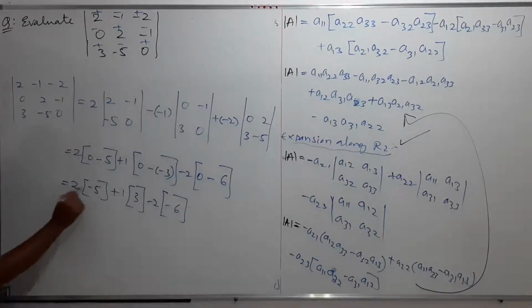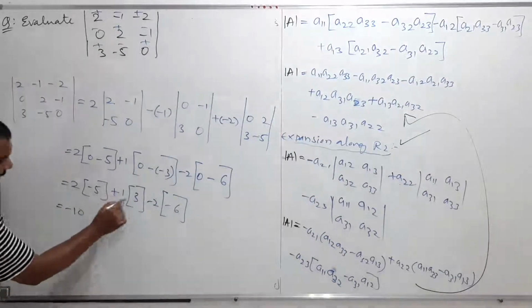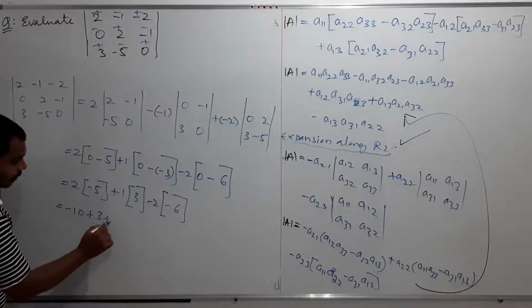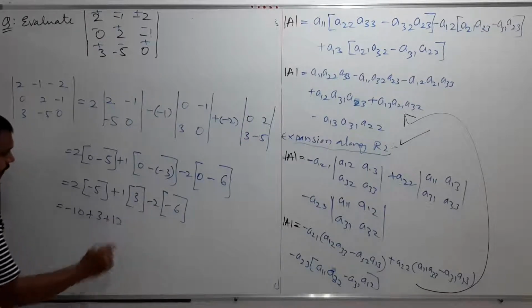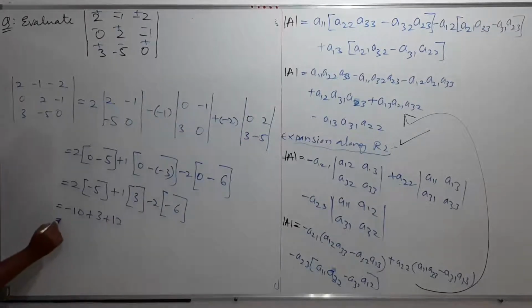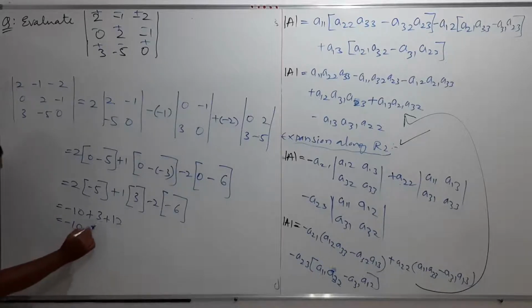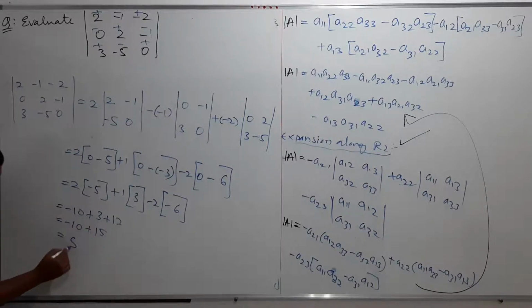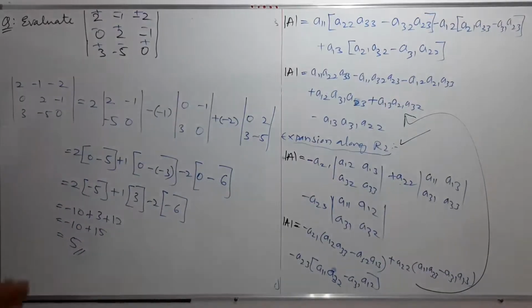Further simplify this, 2 5 is 10, plus minus minus plus 1 into 3 is 3, minus minus plus 2 6 is 12. Clear? So here it is minus 10 plus 15. Clear? 12 plus 3 is 15. 15 minus 10 is 5. So therefore the determinant value for this matrix is 5.